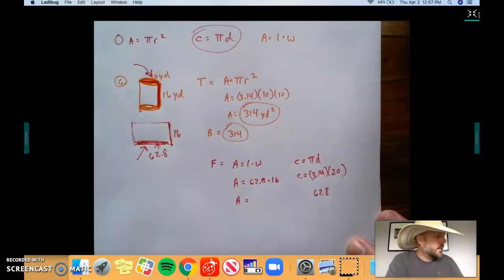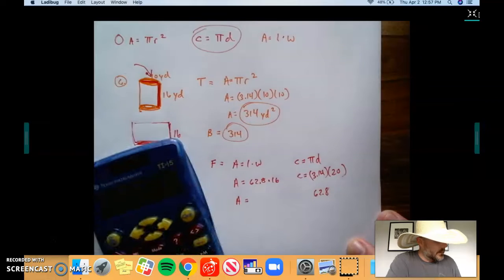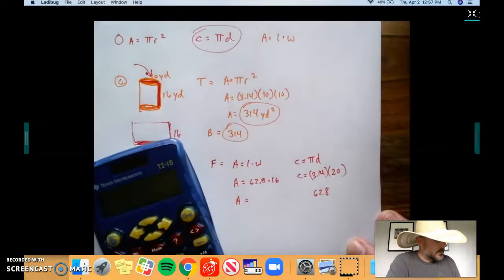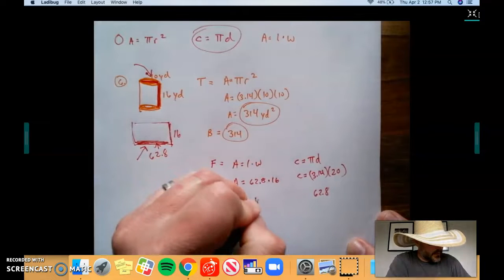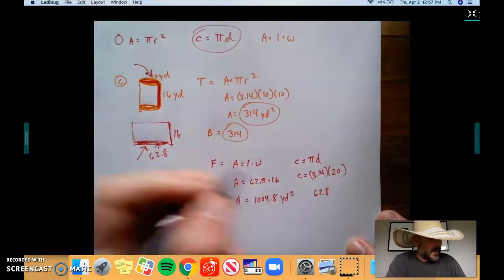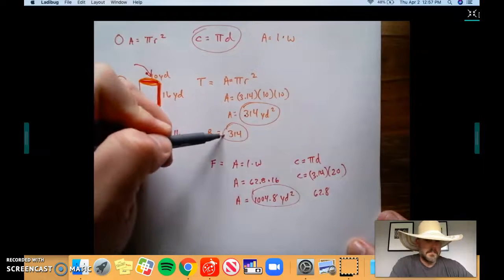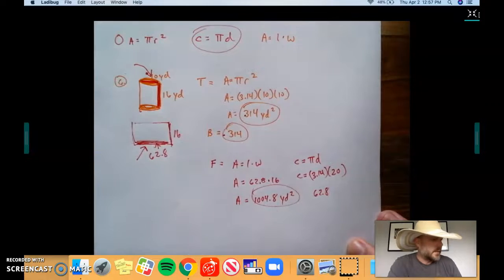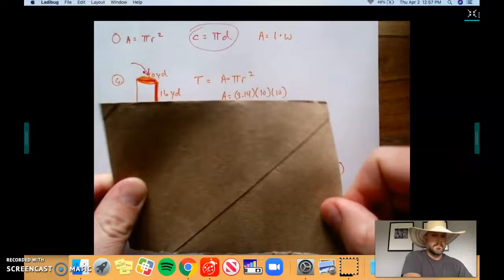So the area of the face of the cylinder, if that's what we can call it, is 62.8 times 16, which is 1004.8 yards squared. For a cylinder, you have the top, the bottom, and then the front, what wraps around the cylinder, which is a rectangle.